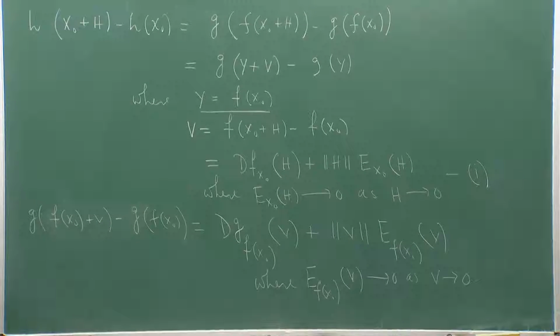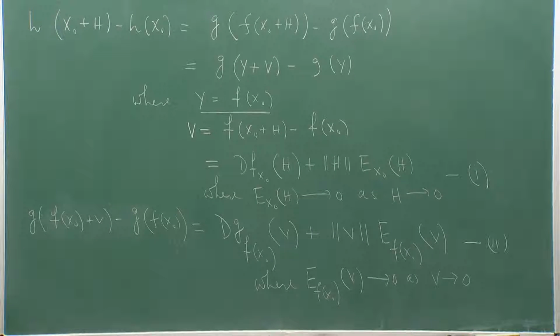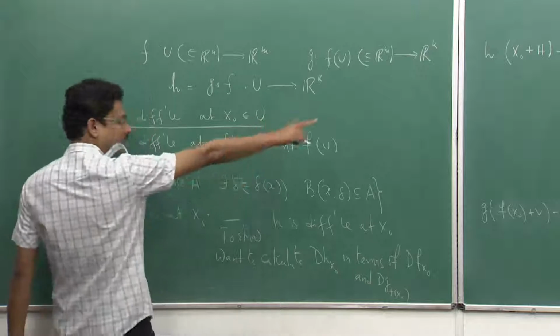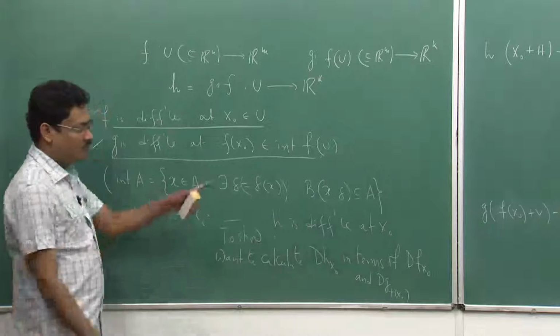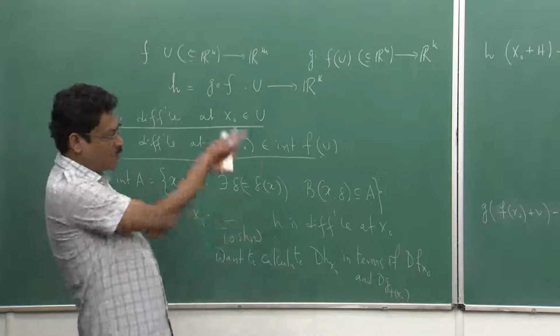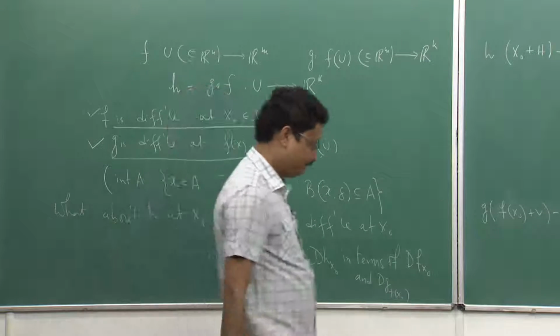Let us number it 2. So far I have just used my assumptions: f is differentiable at x naught, which gives me 1, and g is differentiable at f of x naught, which gives me 2. Then I will put it together with the definition of h.